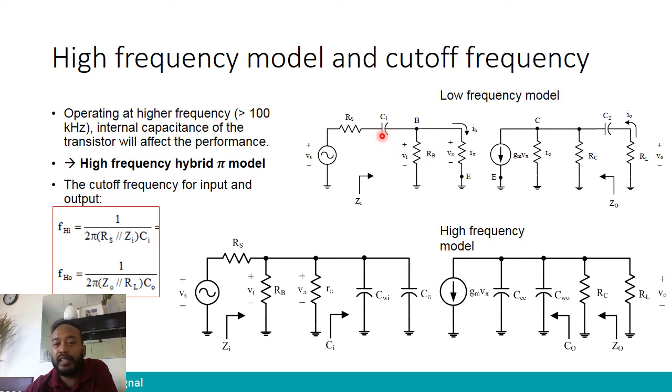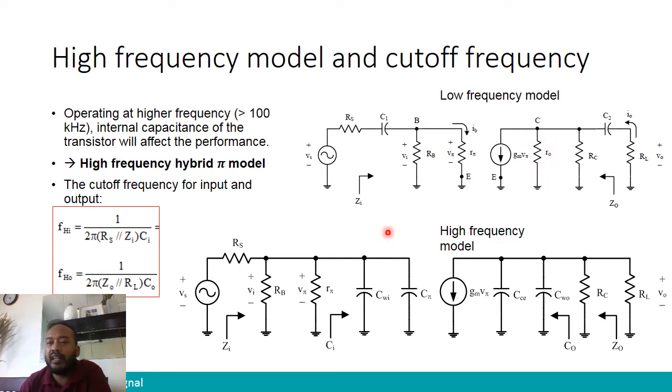But if it is for DC analysis, then the capacitors could still be there. It just depends on the analysis. Nonetheless, back to our discussion just now, this is the low frequency model that we have discussed. So we have all the resistors: the resistor after the power supply, then we have the RB resistor at the base, and then the equivalent resistor for the BJT, R pi, and then we have R0.